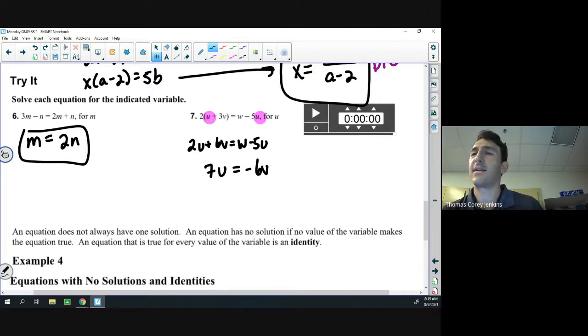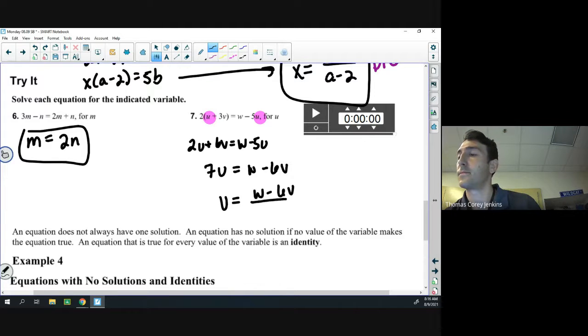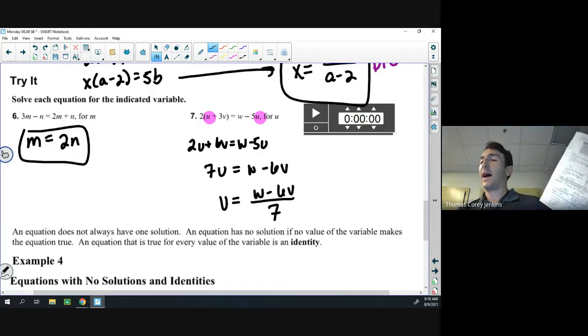That's not looking like my notes. Got two different variables there. So that's going to give me W minus 6V. All right, so we get u equals W minus 6V over 7.